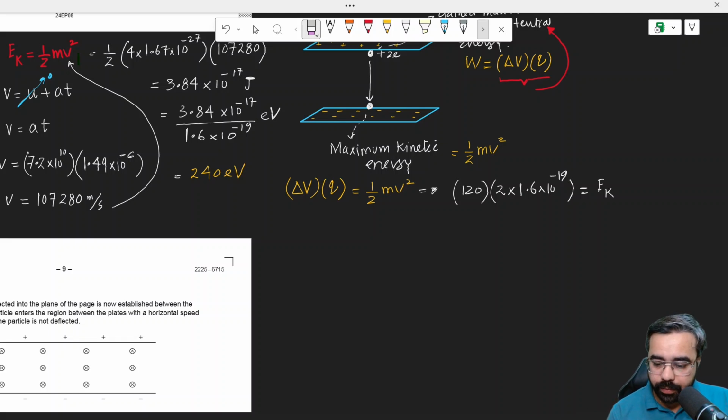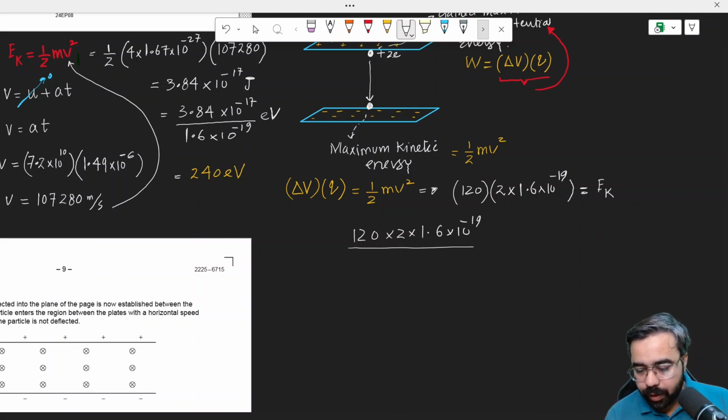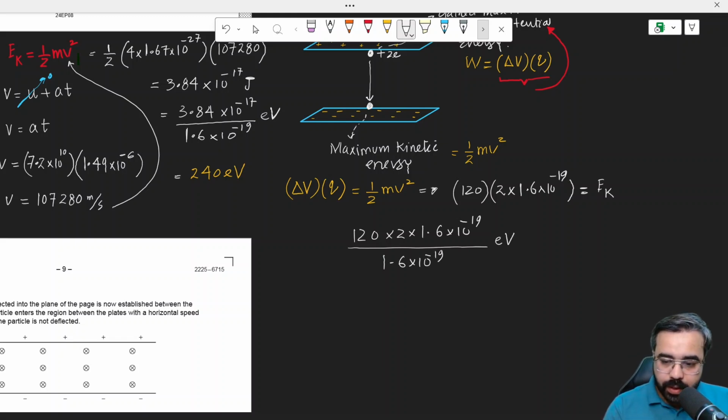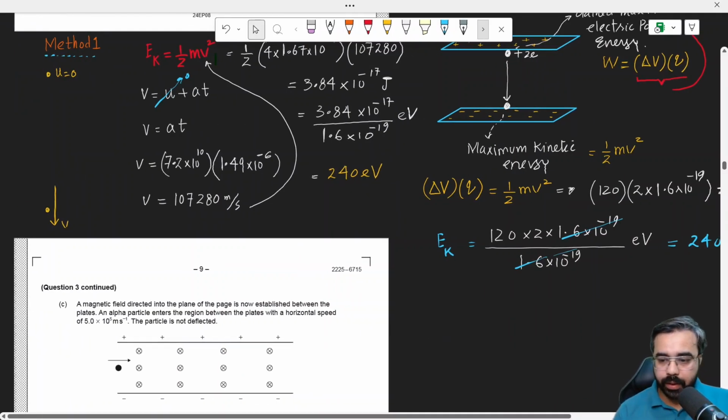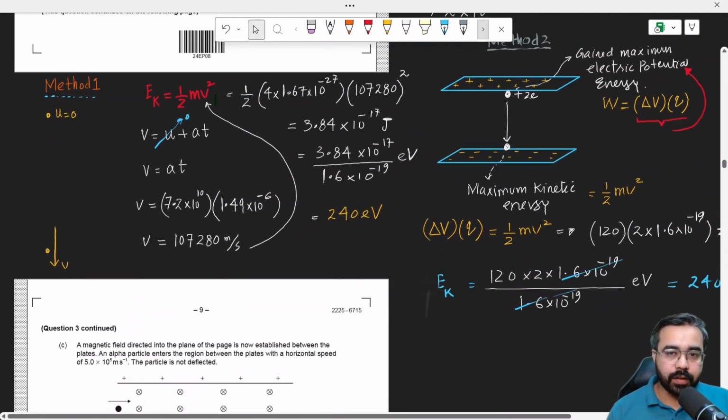We divide this value by 1.6 times 10 to the power negative 19, and now its answer will be in eV. We see that this cancels out, and finally the kinetic energy is equal to 240 eV, the same answer that we already got from the other method. So this is the kinetic energy of the alpha particle.